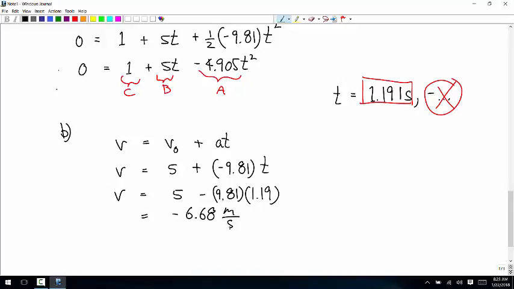Right, you would get the same answer. The only reason we ended up using this one is we already knew the time because it made us calculate that. And yeah, that'll work too. There's always multiple ways to work your way through these problems. But if you can ever use the equation V equals V0 plus AT, use it because it's the simplest one.